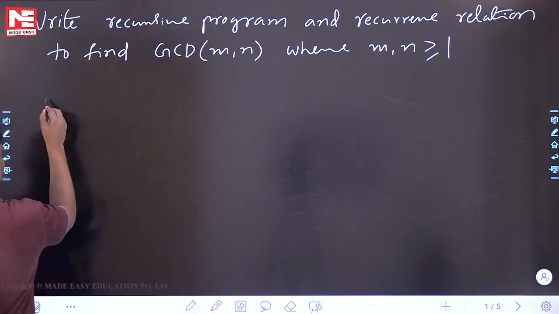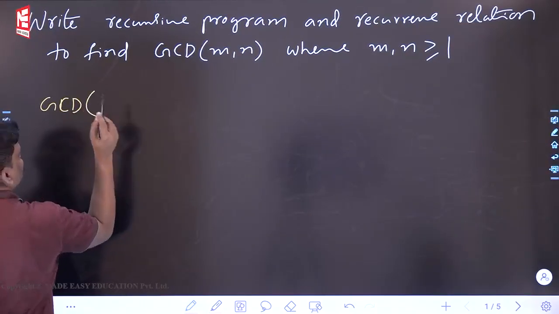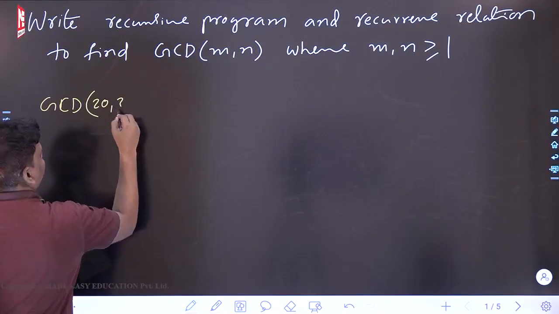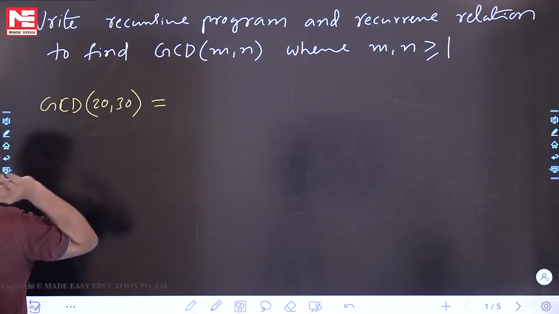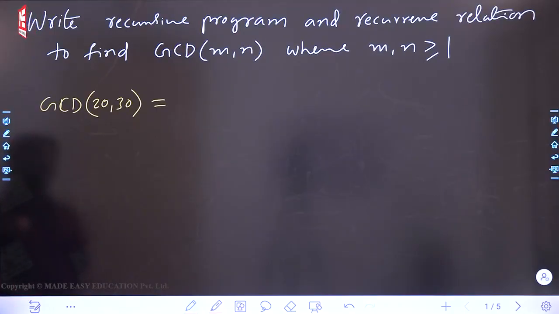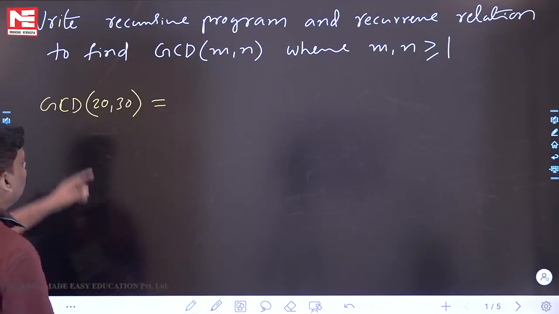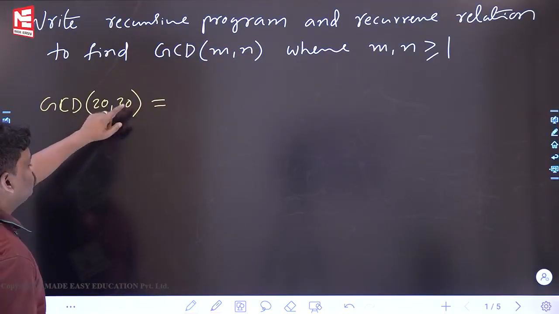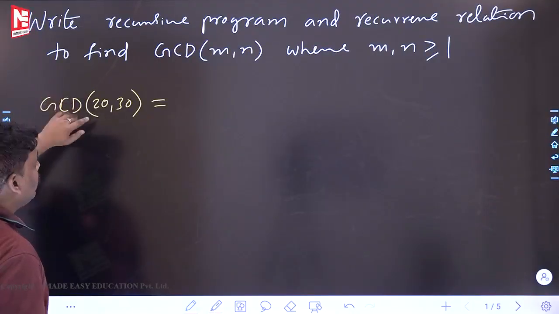Can you help me now? You only say what is the GCD of 20, 30? Greatest common divisor, right? The number which will divide both. What are the numbers dividing both? I think 2 divides both. 3 no. 3 doesn't divide both, common divisor required. 4 no. 5 yes.